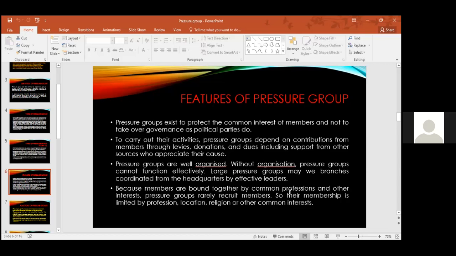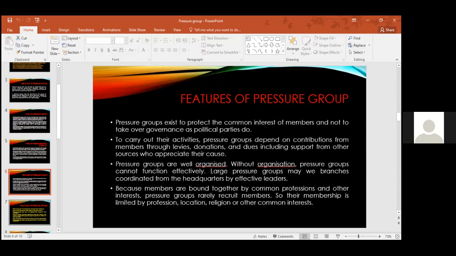Let's say they are together because of a profession, they will be together based on that profession. If it is a location, for example a Hairdressers Association in Abuja, everybody in that pressure group will be hairdressers in Abuja. They won't bring in another hairdresser from Lagos. So that is what this picture is talking about.